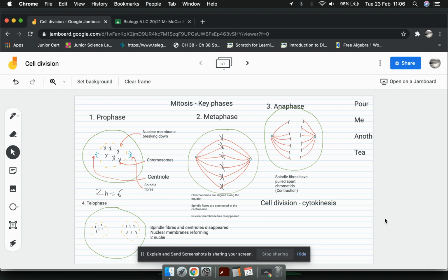Actually, do you know what? I've made a small little mistake on that previous diagram. I'm just going to make a small change to that, because what has actually happened there is that something we call a cleavage furrow has started to form. So actually the cell looks a little bit different. It's basically like it's been pinched in the middle.